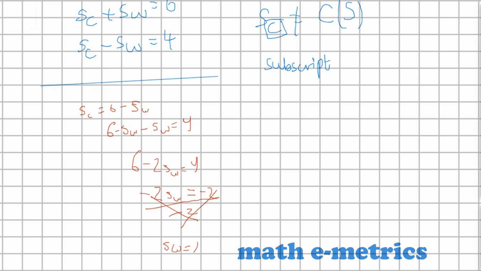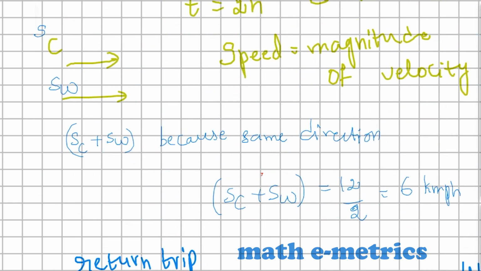The speed of the canoeist. SC plus 1 equals 6, minus 1, SC equals 5. So SC is the speed of the canoeist, and that's the speed of the water. Okay, that's it.